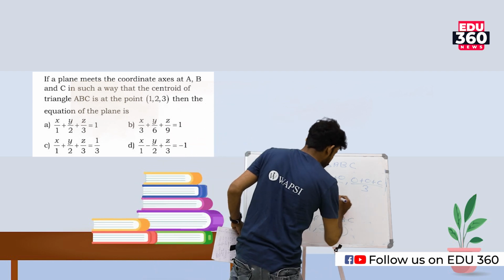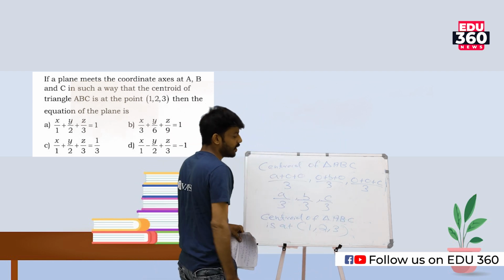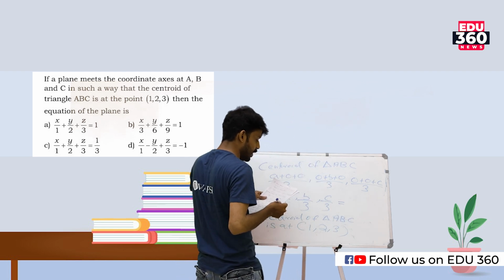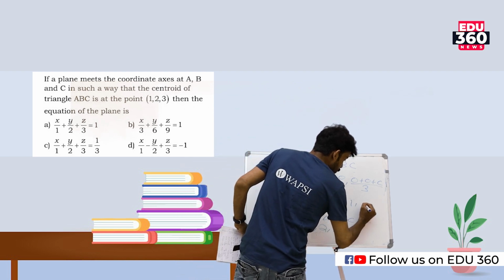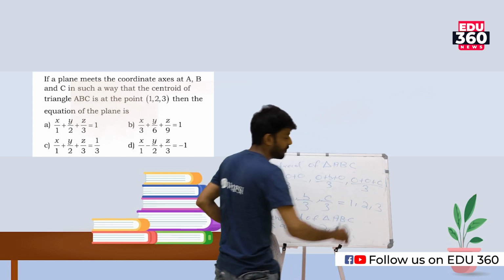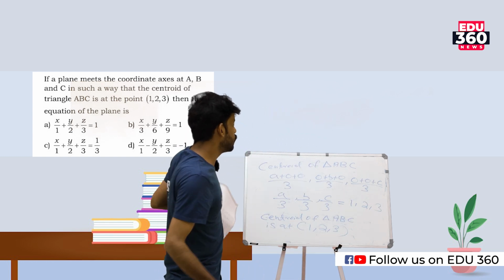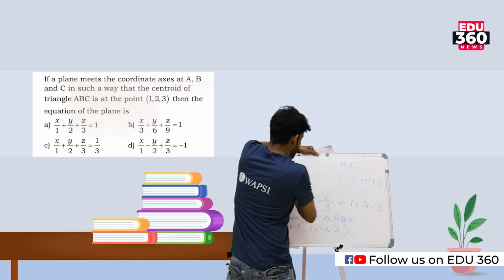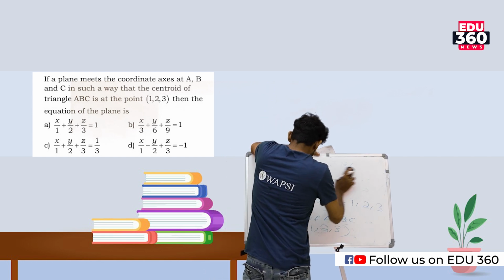So simply we can write (A by 3, B by 3, C by 3) is equal to (1, 2, 3). On the next step, just equate or compare these.